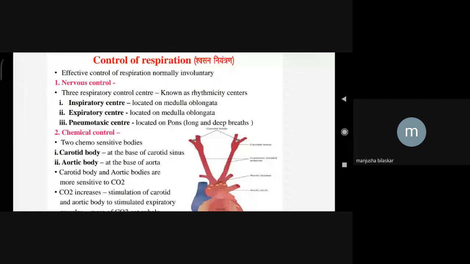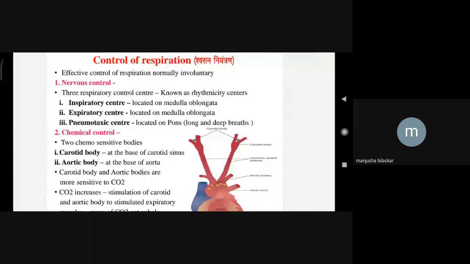Now, chemical control. Two chemosensitive bodies: the carotid body at the base of the carotid sinus, and the aortic body at the base of the aorta. Carotid and aortic bodies are more sensitive to CO2.